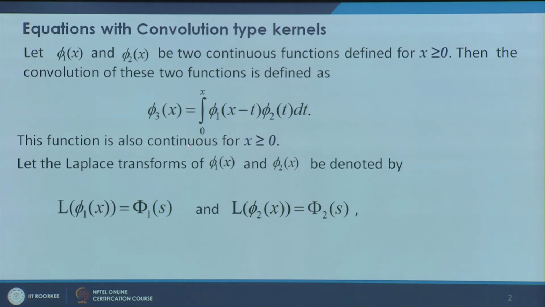Let us say that the Laplace transforms of the functions phi 1(x) and phi 2(x) are denoted by phi 1(s) and phi 2(s) respectively, so that L of phi 1(x) is equal to phi 1(s) and L of phi 2(x) is equal to phi 2(s).